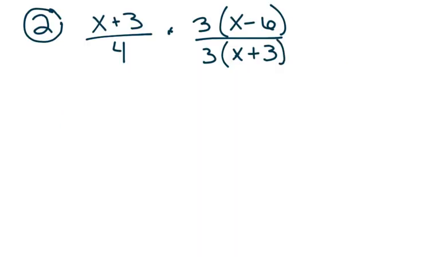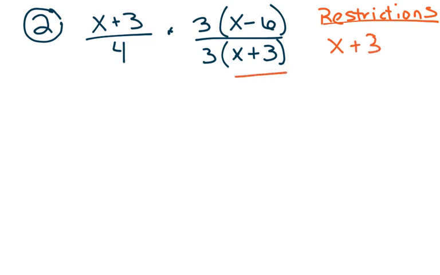Okay, here we have x plus 3 over 4 times 3 times x minus 6 times 3 times x plus 3. So the first thing we're going to do is find our restrictions. To do that, I'm going to take my denominator. There's no variable here with the 4. There's no variable here with the 3. But I do have an x plus 3 right here, and I'm going to set it equal to 0.